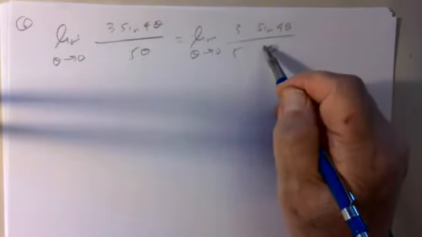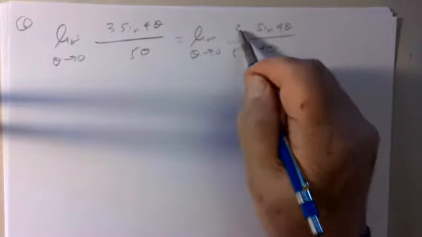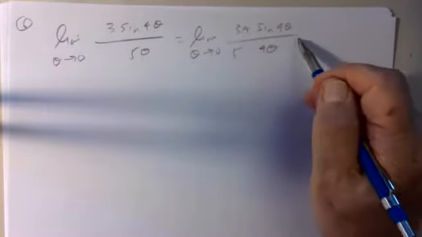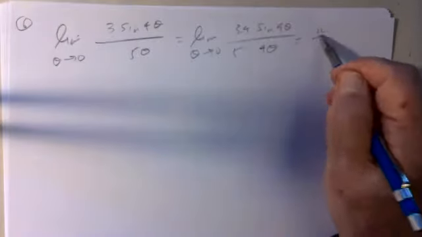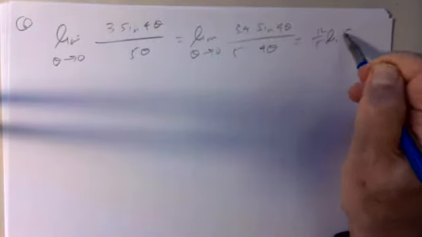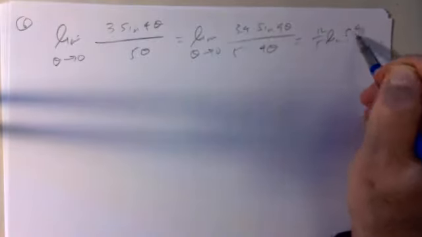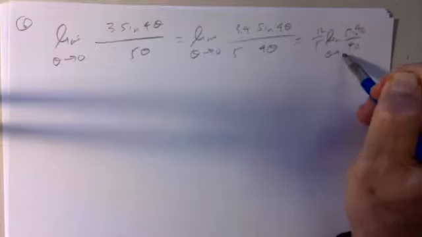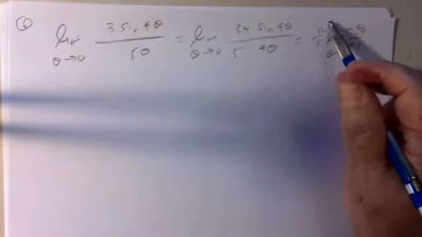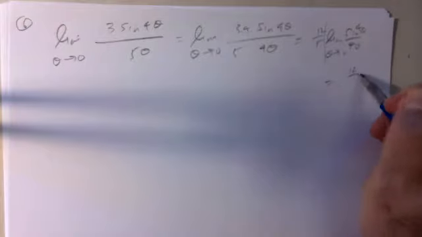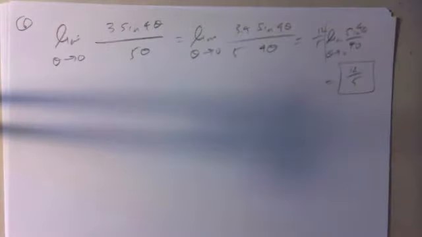If I want to have a 4 here, I can multiply the denominator by 4 and the numerator by 4. So this is 12 over 5 times the limit of sine 4 theta over 4 theta, as theta goes to 0. And this limit we know is 1. So the answer is 12/5.